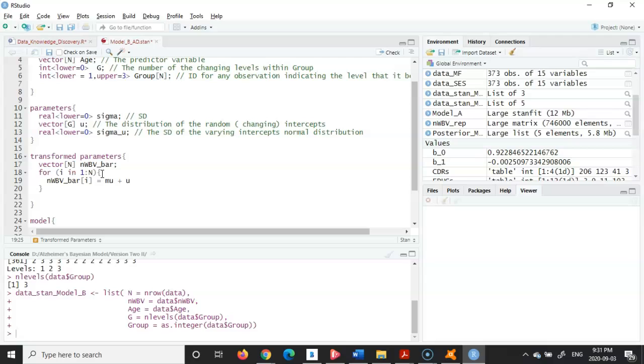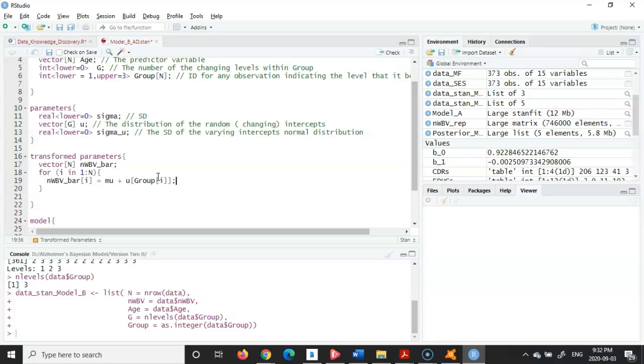We said that u is the distribution of the random intercepts, but we define it for the group that we have. For the group, I'm going to call it group i. And when we are done, I have to make sure that I put the semicolon there. We see that for any observation that we have, it is defined into a given group. Okay, now we have defined the transformed parameters block of this model.